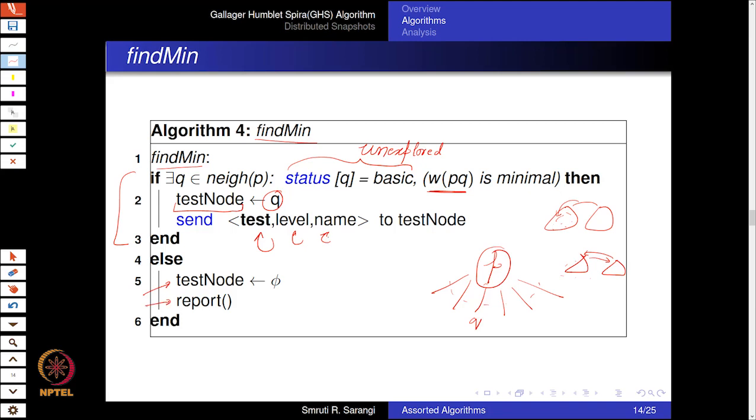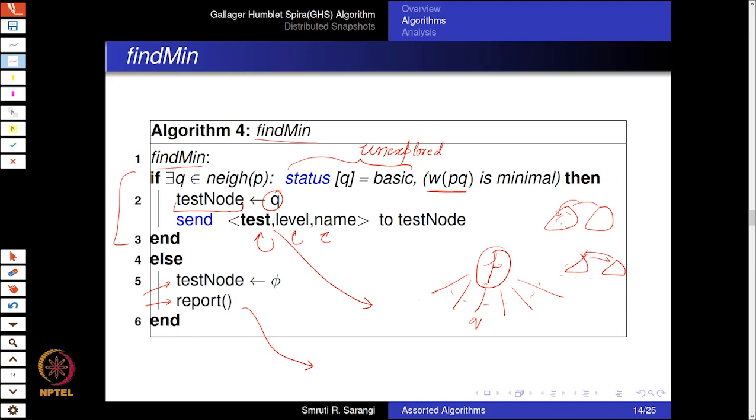Alright. So now there are two possible outcomes of find min. One is that you send a test message. The other is that you report that look, I didn't find anybody. So let us see what happens to both. So how did we reach here? The big picture is that look, after fragments merged, you cannot stop the process of merging. So you can't stop the process of a fragment growing.